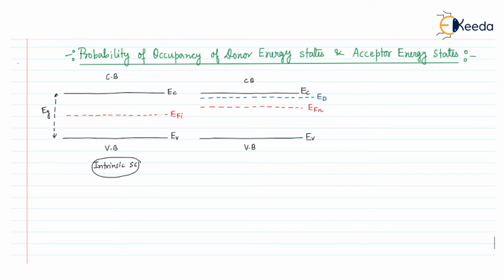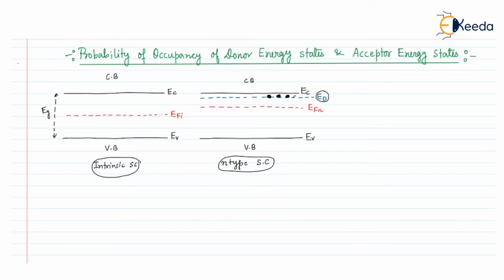So we have drawn the band diagram of an N-type semiconductor. After doping with donor impurities, we have found that a donor level ED is created inside the energy band diagram, and the donor atoms will reside on this donor energy level or donor energy states.